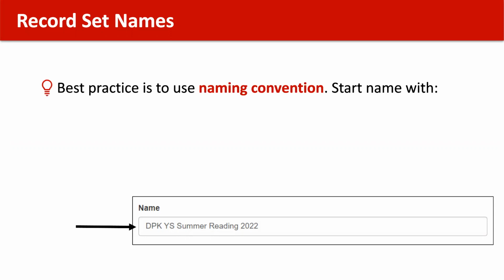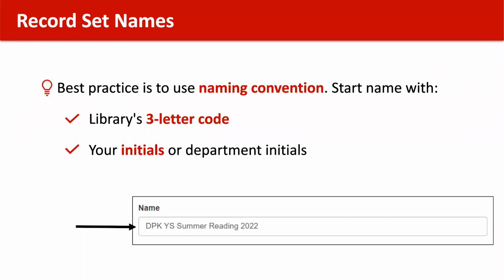To make searching easier, we generally recommend that staff use a naming convention with record sets. The naming convention is as follows. Start the set with your library's 3-letter code, and then use your initials or your department initials, and then the remainder of the set name.